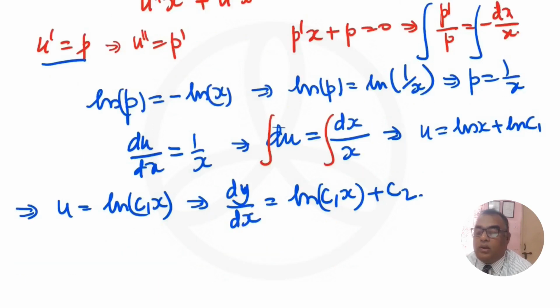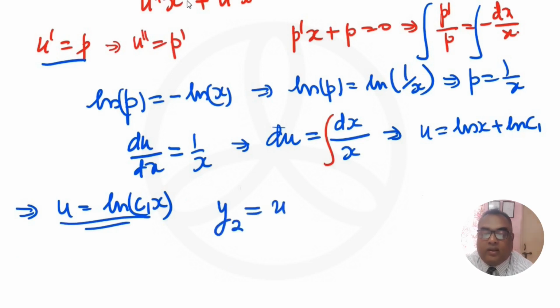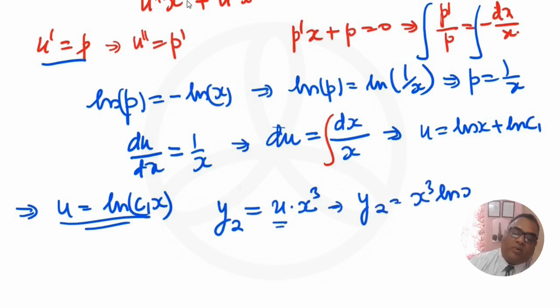Right, so we got u here, and we have to find the second solution. The second solution is nothing but y2 is equal to u times y1, which is x cube. Our second solution will be y2 is equal to x cube ln x plus a constant of integration c2 if you want to put it.